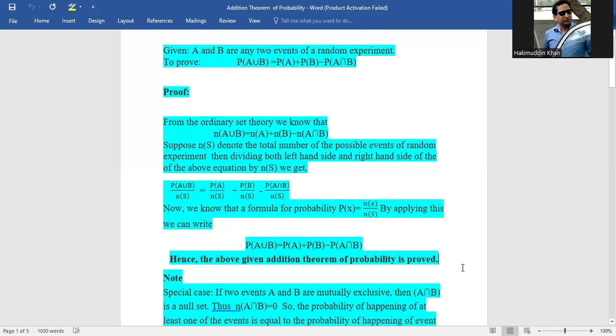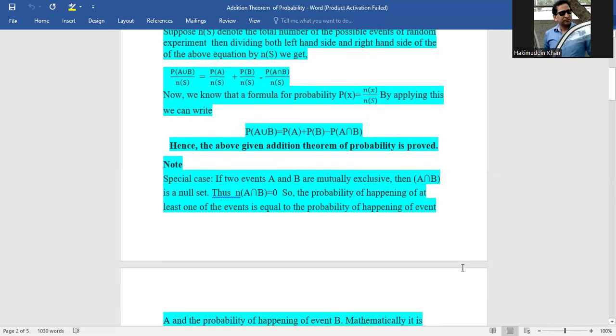Note, now you have to note down a special point regarding this theorem. The special case is if two events A and B are mutually exclusive events. Do you remember the concept of mutually exclusive events? We discussed this in our first video.